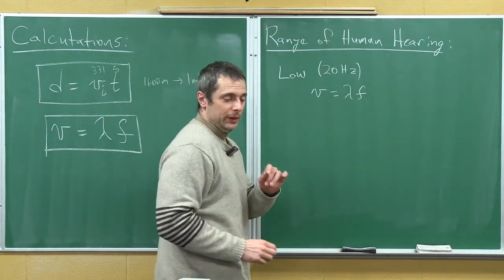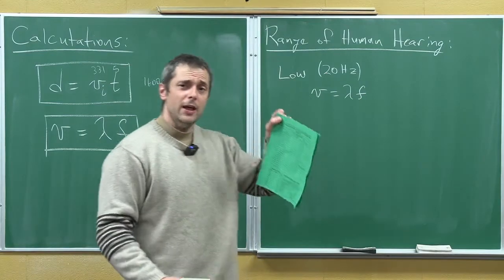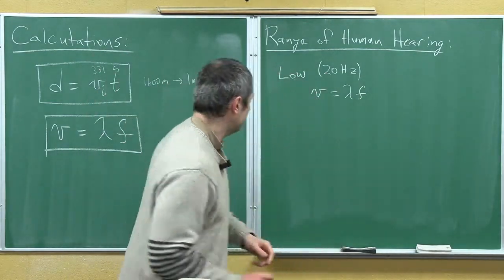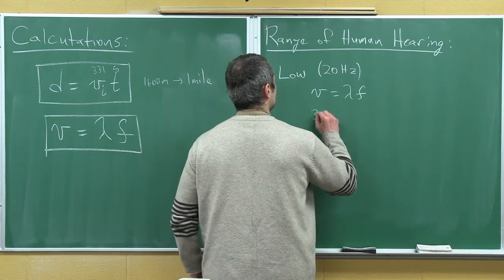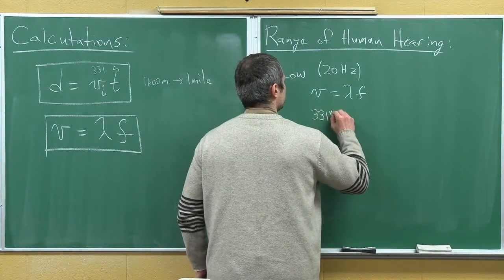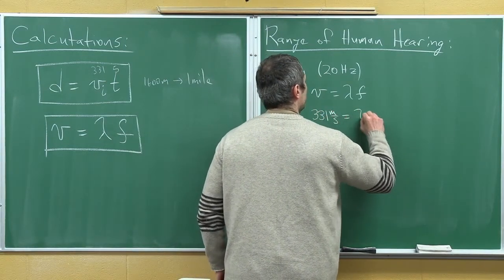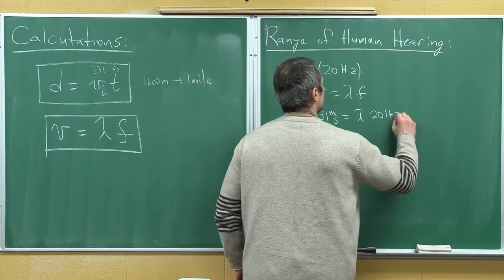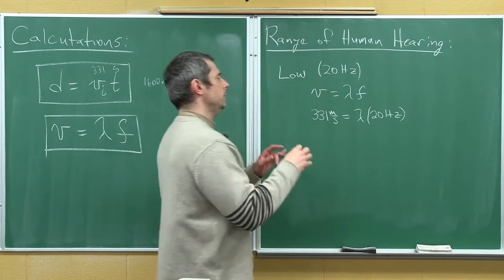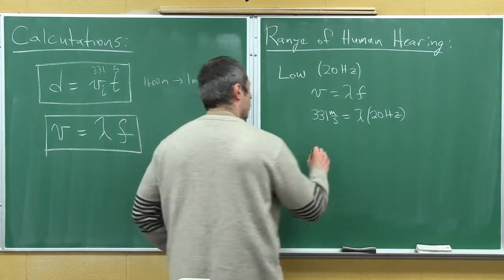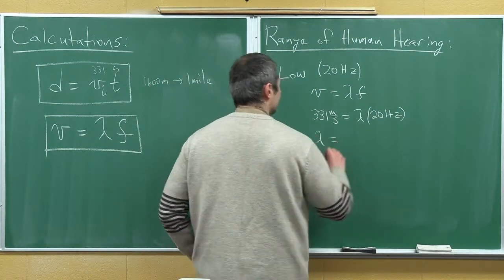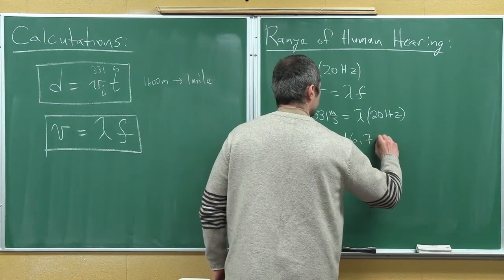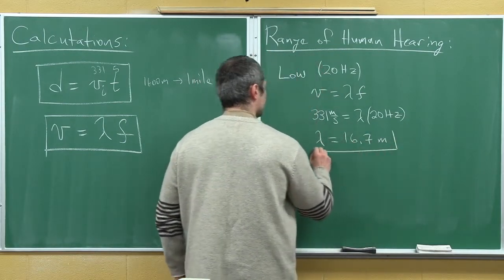Let's assume STP, so we go to the reference table, it's a cold day, and we find out that the speed of sound at STP is 331 m/s, as I mentioned on the reference table, so we're going to plug in 331 here. What is the wavelength for 20 hertz? So obviously I divide both sides by 20, and what I get is, let's see, maybe 16.7 meters.